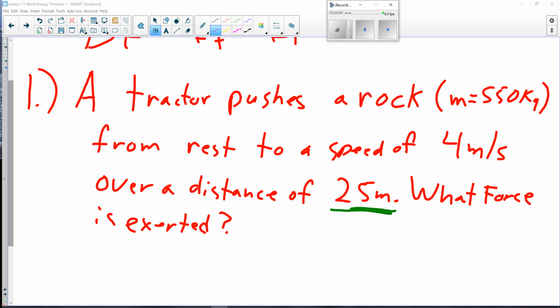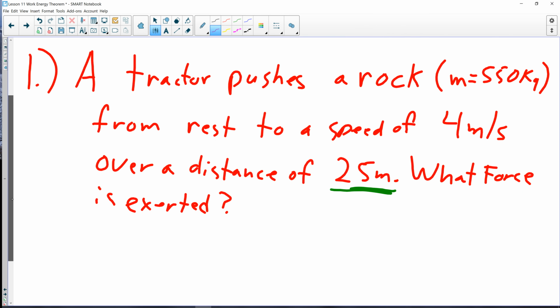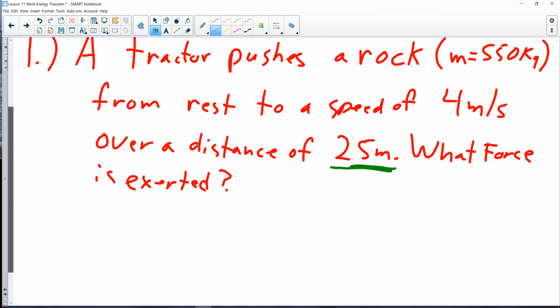First thing we've got to do, write down our givens. In this question, our givens are the mass of the rock, 550 kilograms. We know that it goes from rest. What's that? It's our initial velocity, and it's 0.